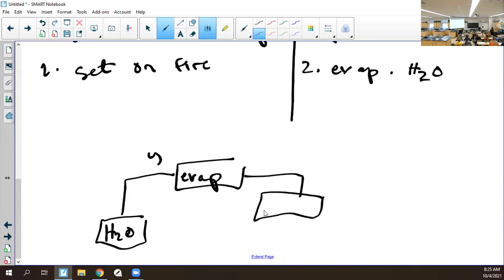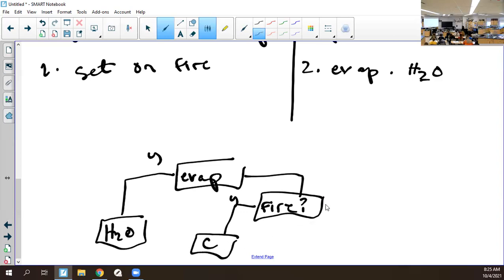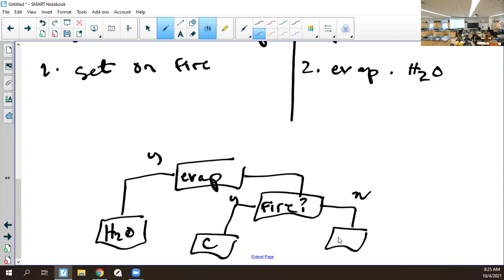Flammable. I'm just going to put fire because I don't want to spell flammable. And yes, what would yes be? Charcoal. And no would be sand. That looks like a W, that's fine. So that's one flow chart that you could do.